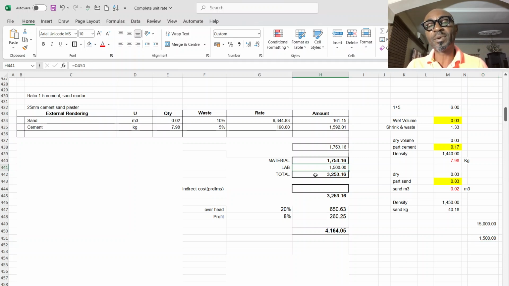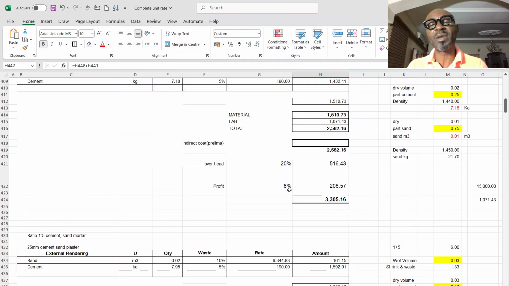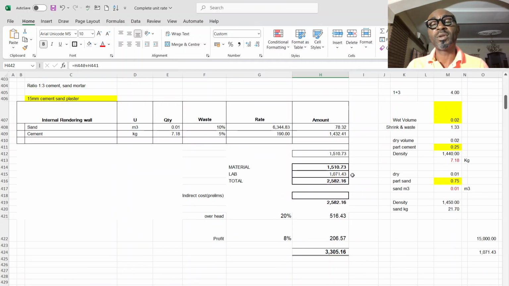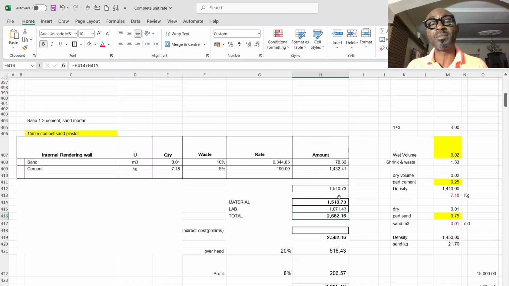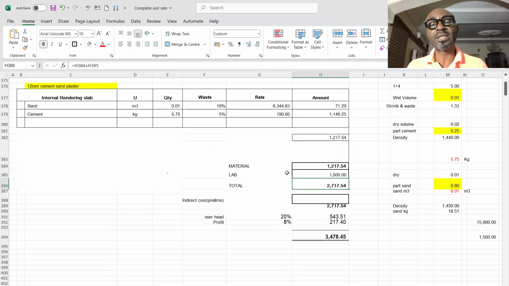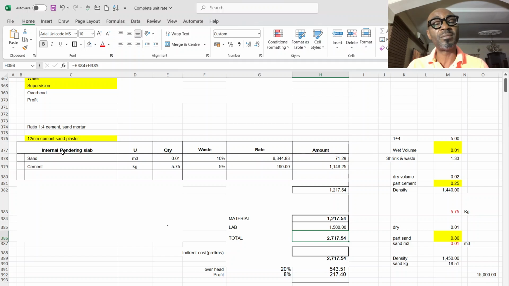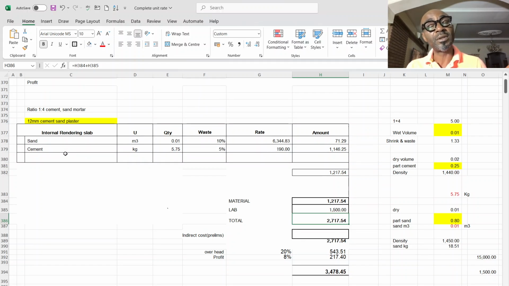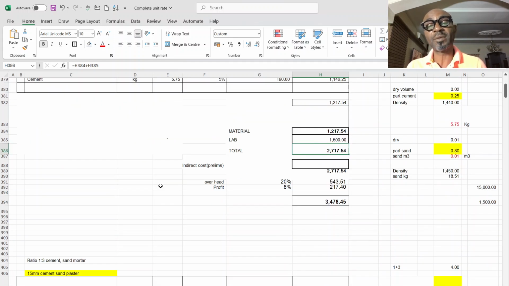So if you put the price here for labor, you have your 3,500 for 25 mm material and labor. Then you have your 2,500 for 15 mm, then you have a 2,717 for 12 mm plaster under the surface of a slab.